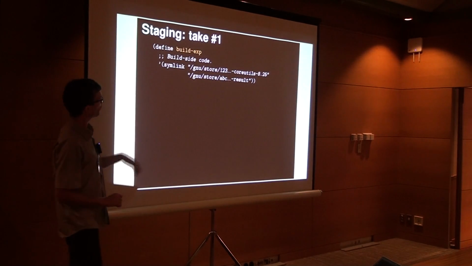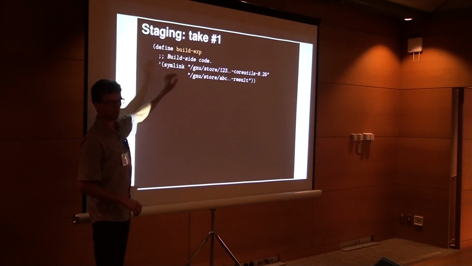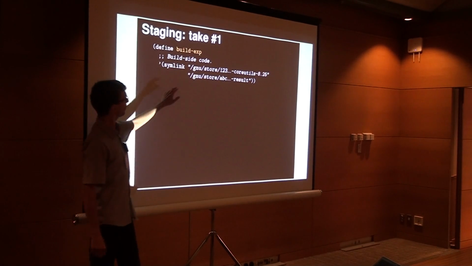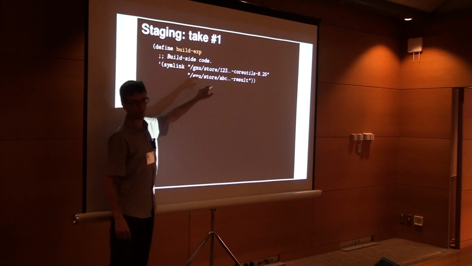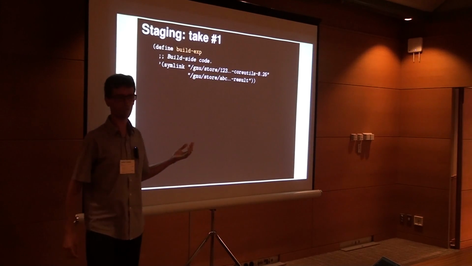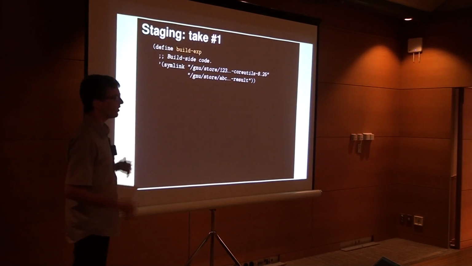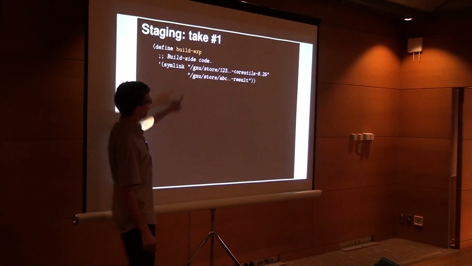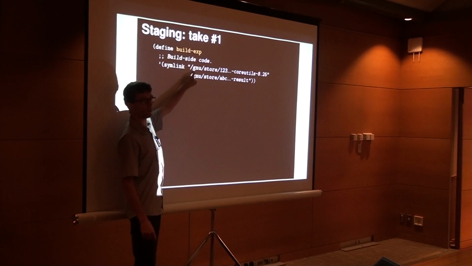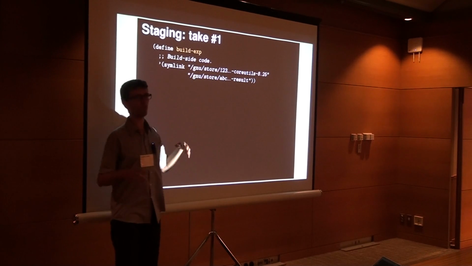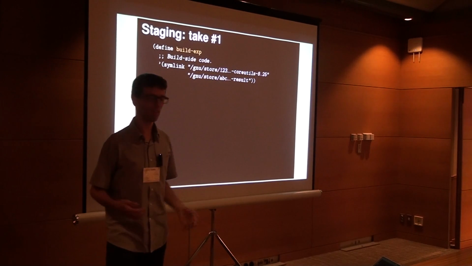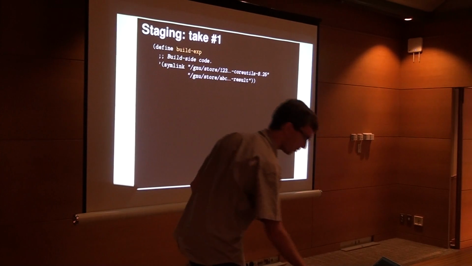I would like to write something like this, except that, of course, I'm not going to write those long file names by hand. That wouldn't be very convenient. So we need a way to say, here I'm interested in the file name of coreutils, and here the file name of the result of my derivation. So how do we do that?